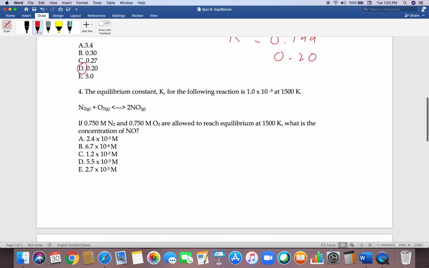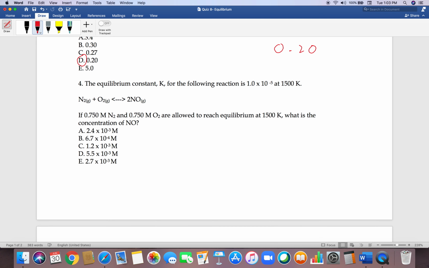Okay, number 4 is just a little bit of a reversed flip of what we just did. The equilibrium constant K for the following reaction is given, and it's 1.0 times 10 to the negative fifth at 1500 degrees Kelvin. And we see that the reaction is nitrogen and oxygen gas form nitrogen monoxide.